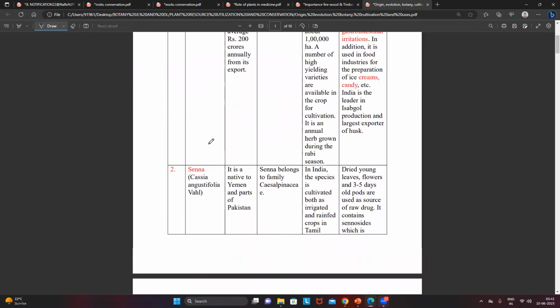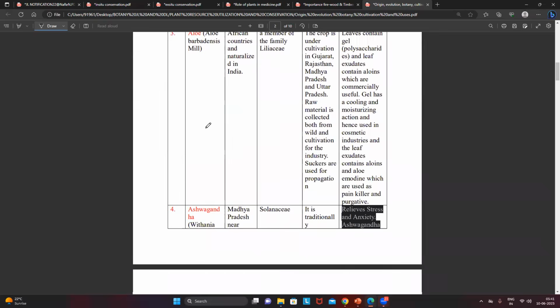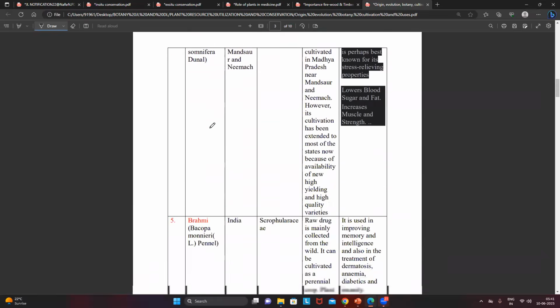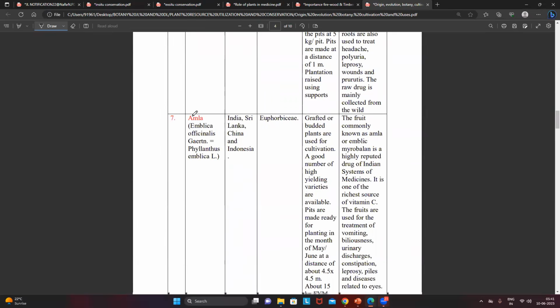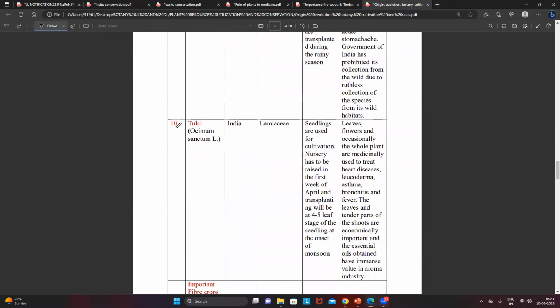I have mentioned 10 medicinal plants: Isabgol, Senna, Aloe, Ashwagandha, Brahmi, Madhunashini, Amla, Ashoka, Sarpagandha, Tulsi. These 10 are widely asked aromatic and medicinal plants. What you have to read, friends?